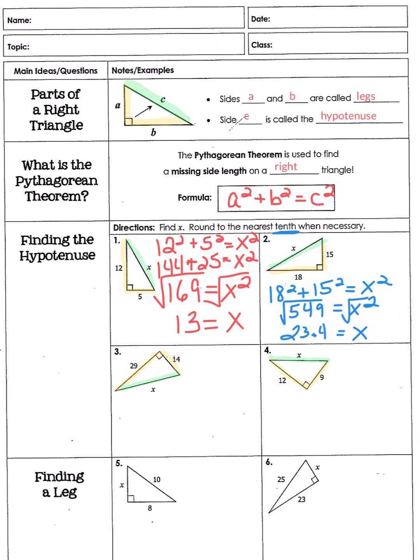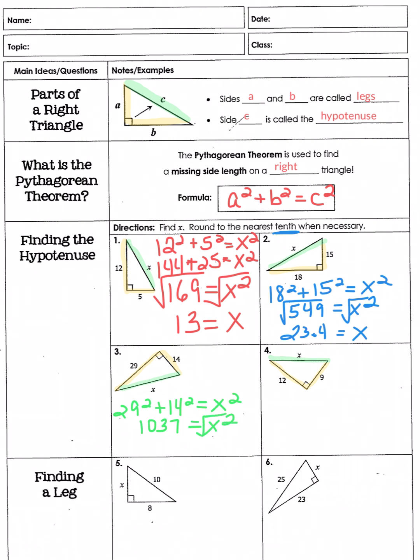Let's look at problem number 3. Here I'm going to do 29 squared plus 14 squared equals x squared. Then I'm going to take my calculator and do 29 squared plus 14 squared, and I get 1037 equals x squared.